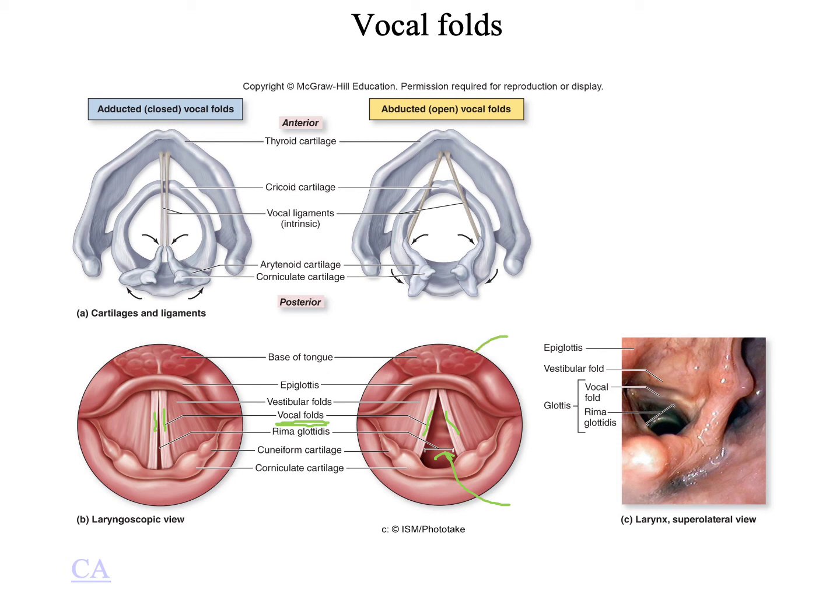And when air moves through this rima glottidis, they vibrate. Okay, so we can narrow or expand this area here to give a different phonation. And we can see that on the side here we have these vestibular folds, and these are called false vocal cords. They basically prevent material from entering the trachea, and they're not very elastic at all.